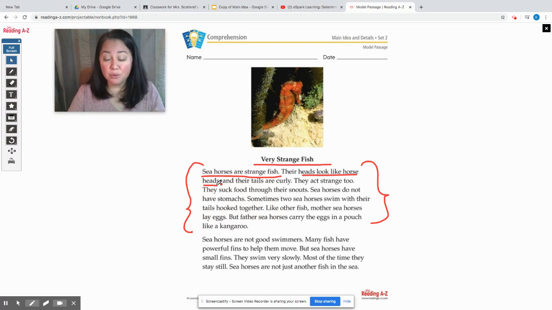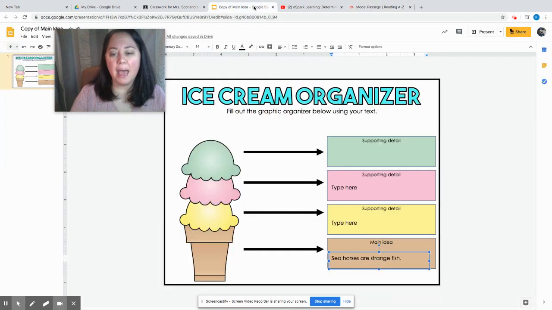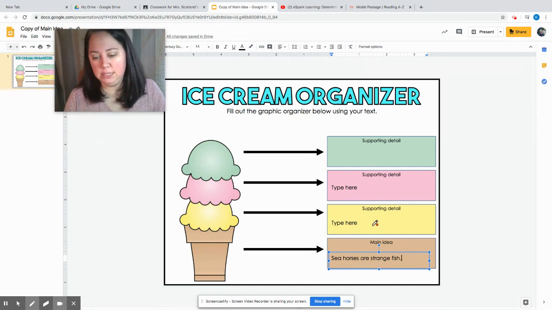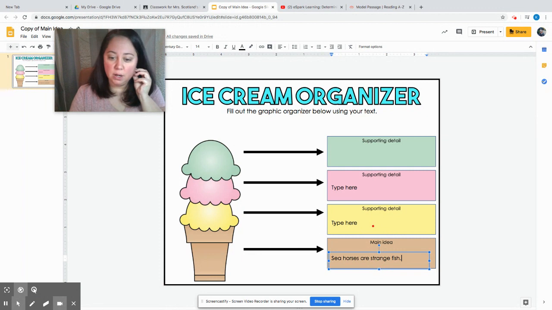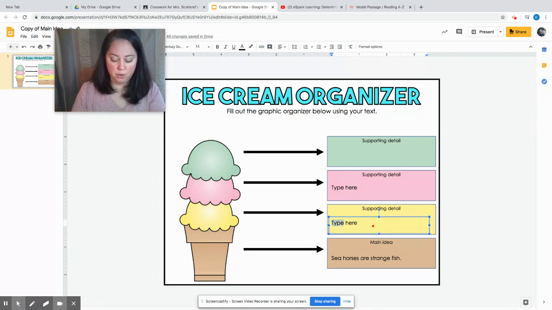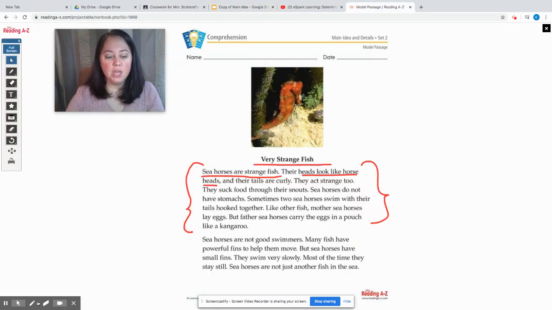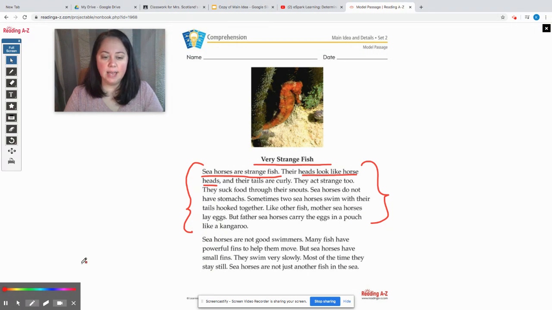That's important information because that's also how they got their name, seahorses. So we're going to go back to the main idea and supporting details graphic organizer and put that here. We think it's important that their heads look like horses, and that's how they got their name.